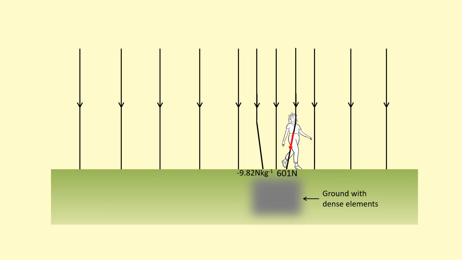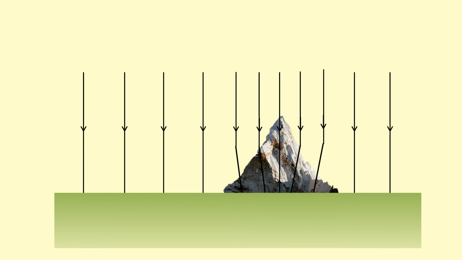And when they're walking away from it, they'll be pulled back, so they'll be decelerated towards the left. This is also true with mountain ranges. If they're really big masses, because gravity is produced by these huge masses, they could also bend the gravitational field pattern around them and attract objects towards them.